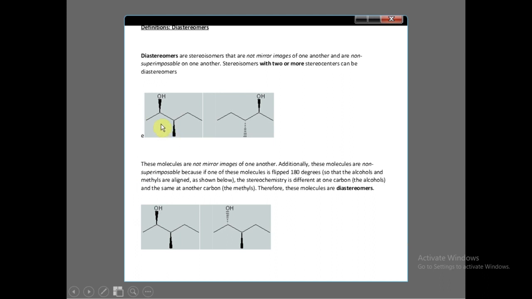Example, if you look at this, it is 1, 2, 3, 4, 5, pentane: 3 methyl 2 hydroxyl pentane.